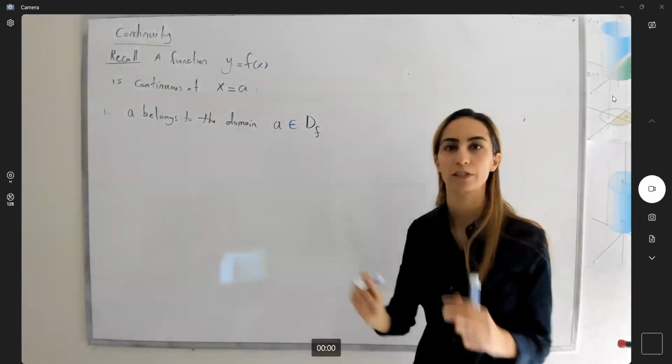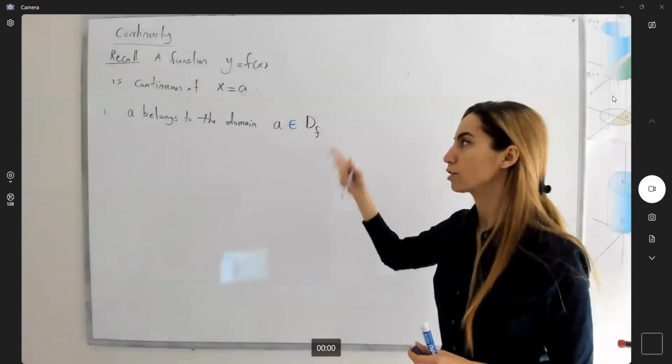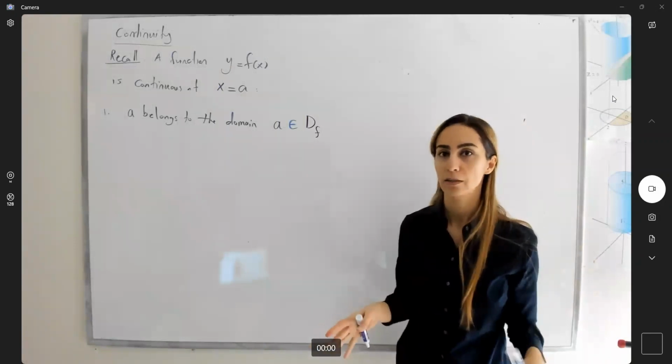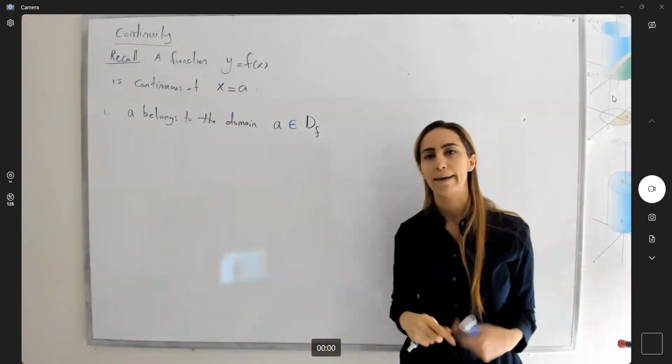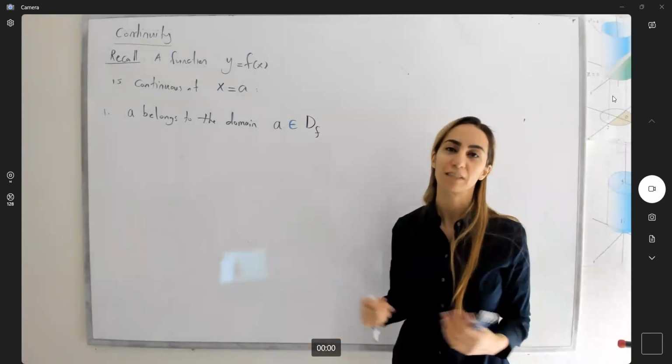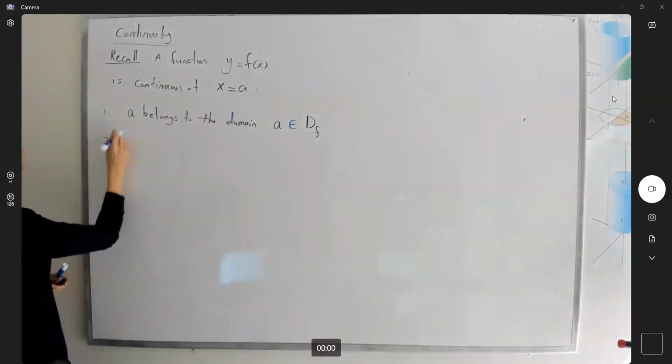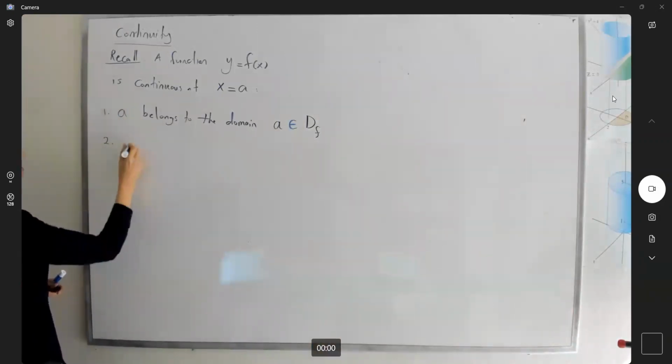So this is your very first condition. If a belongs to the domain, then you're allowed to go to the next step. If not, you stop and say that a is not in the domain of the function. 2, the limit of the function exists.